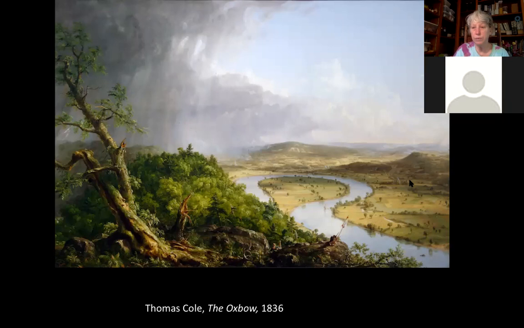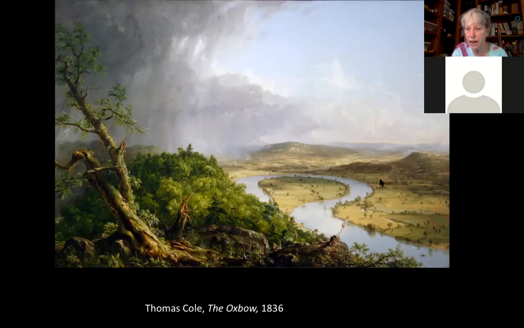And also, when you watch the video in the content, it zooms in on what's going on down here. And this is the part of the Oxbow area where Europeans have cleared away most of the forest and created pastures, hay fields, farms, towns.